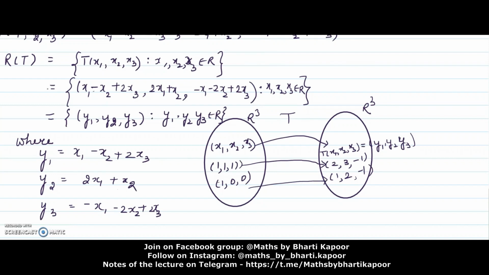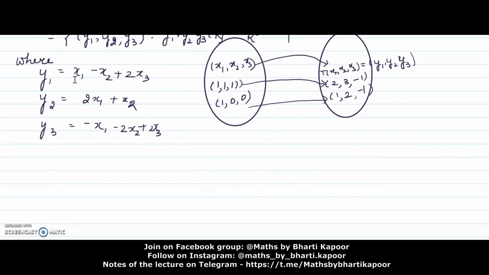So in R(T), that means the range of T, I have to find the collection of all such elements which are images of elements of this domain R cube. So basically I have to find all such numbers y1, y2, y3. For finding y1, y2, y3, we will solve these three equations simultaneously.